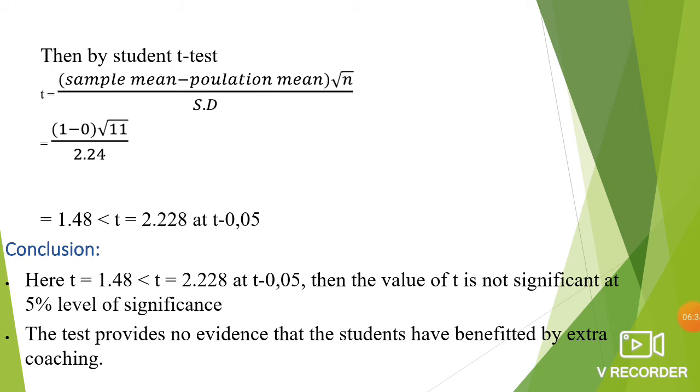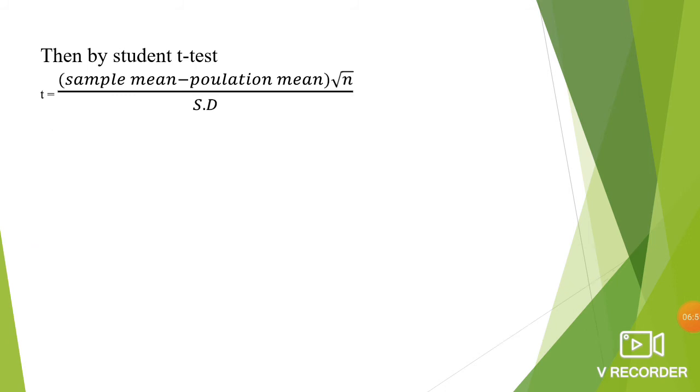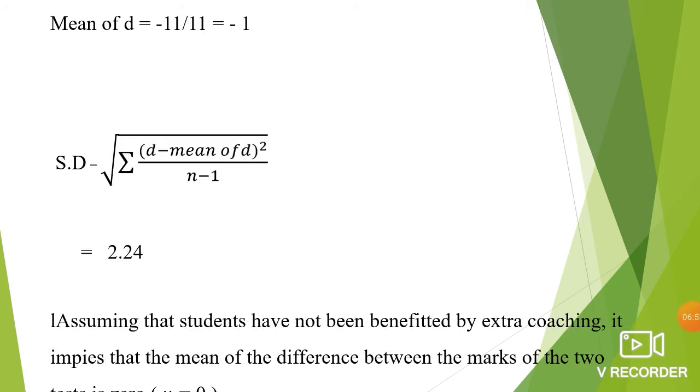We have assumed that the students have not benefited, that is mu is 0.